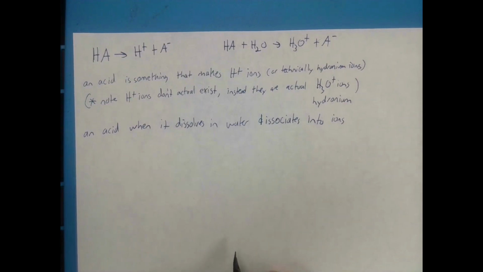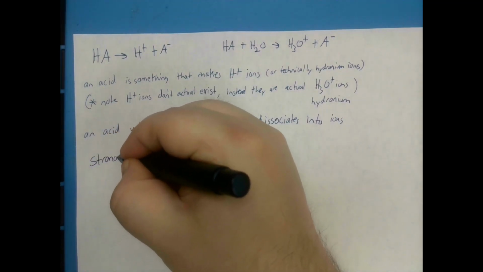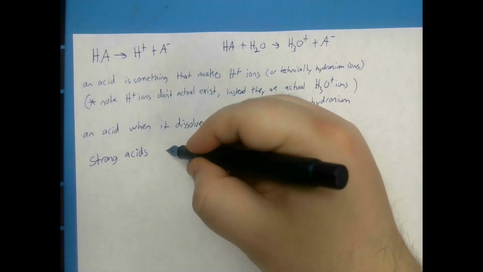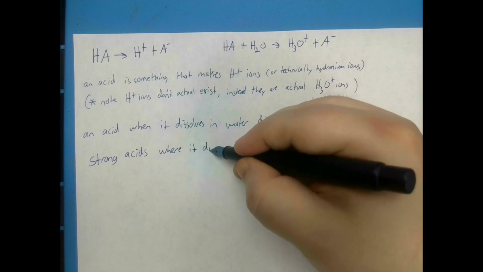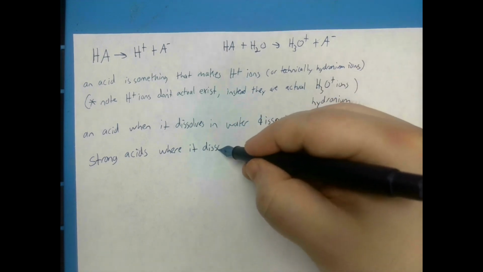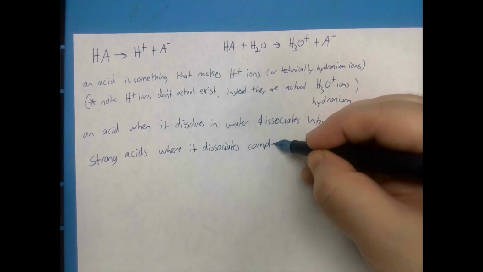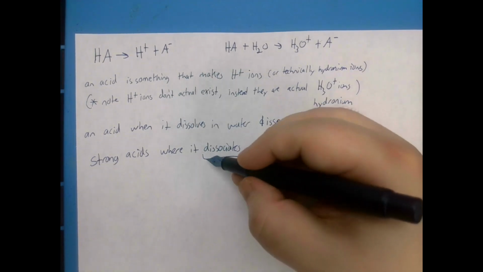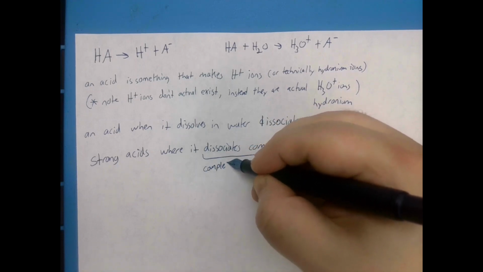And there are two types of acids. There are strong acids, where it dissociates completely. This means it completely turns into ions.